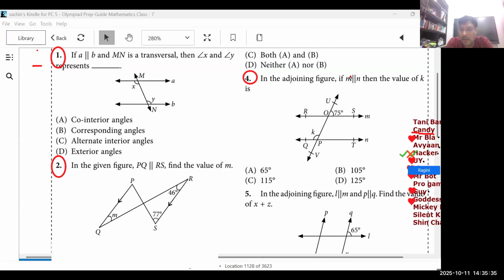Avyan, is Ruhan also doing the class with you? Sir, no.